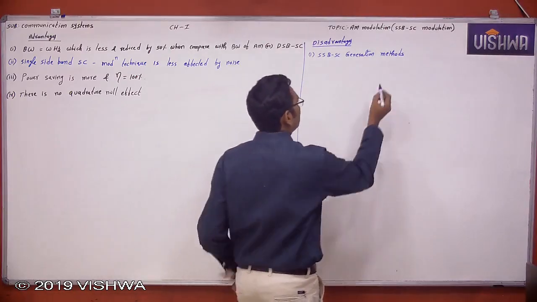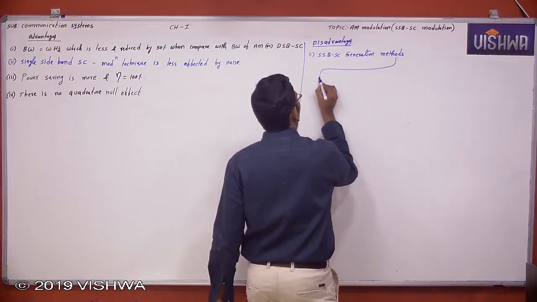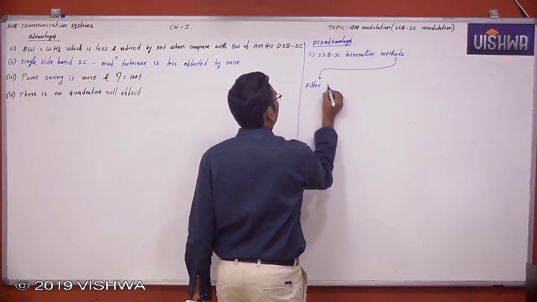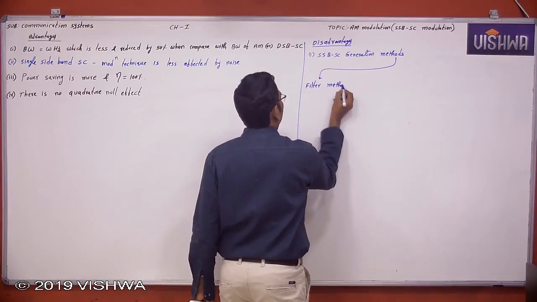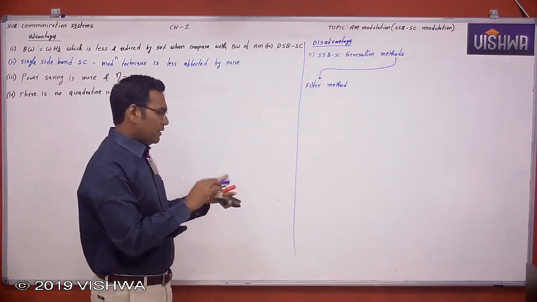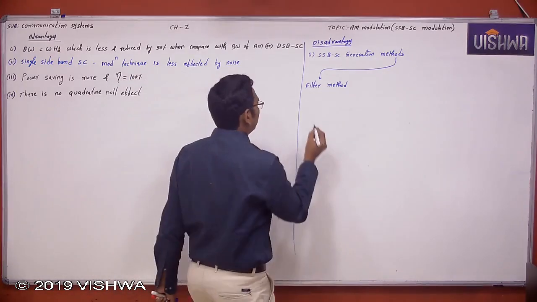There are two methods here: one is the frequency discrimination method, or filter method. There is some problem with this filter method, which I have already explained.